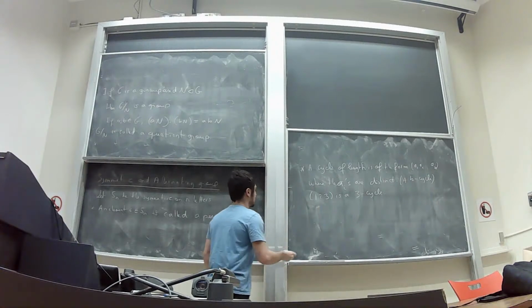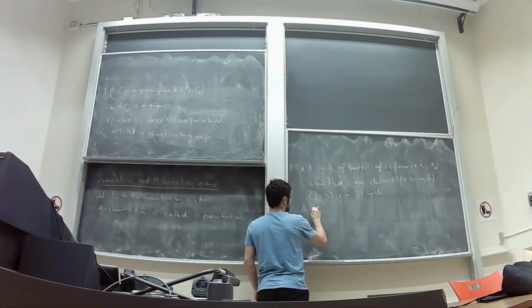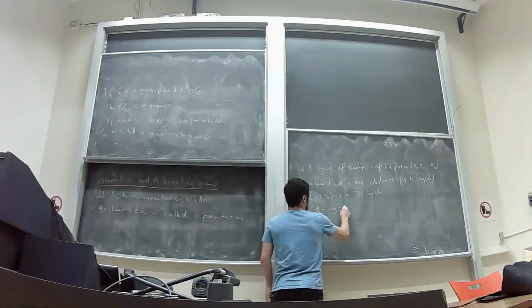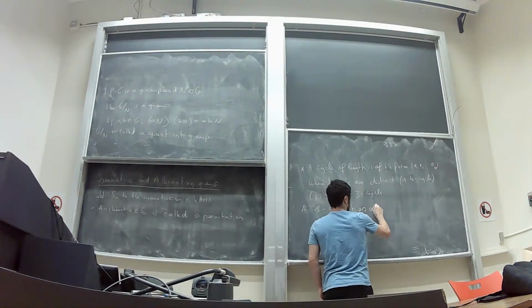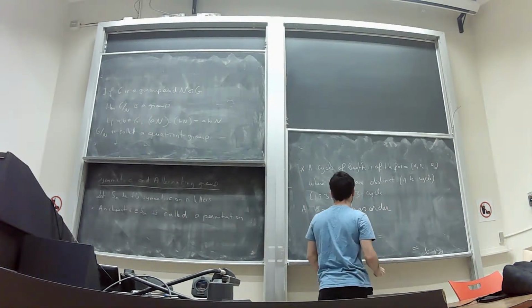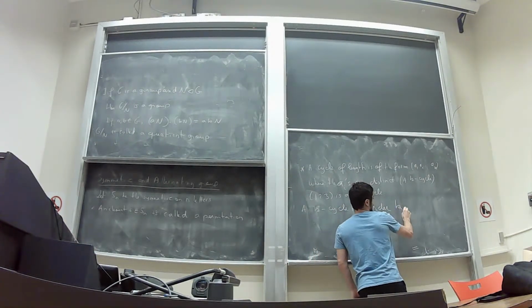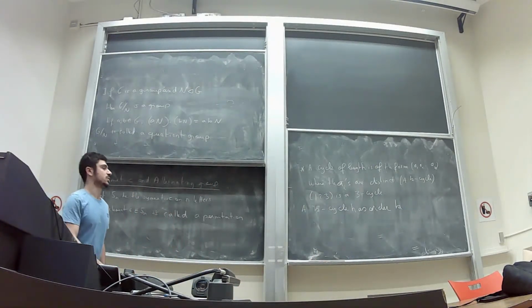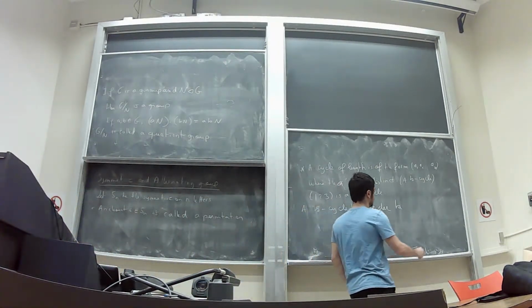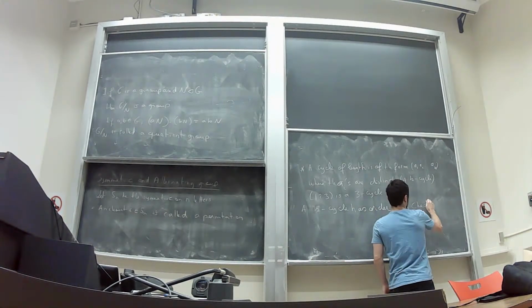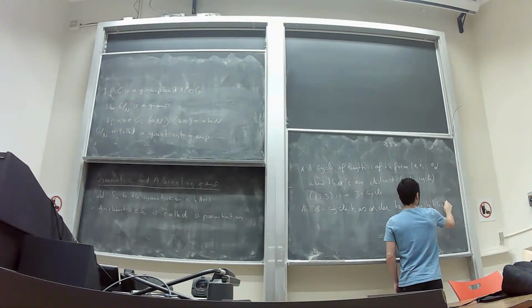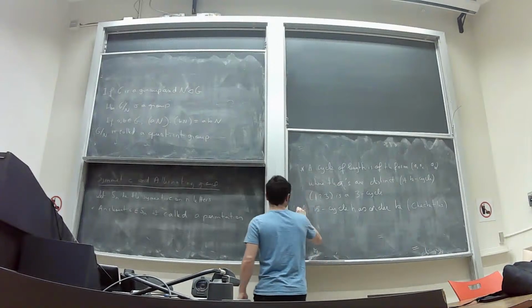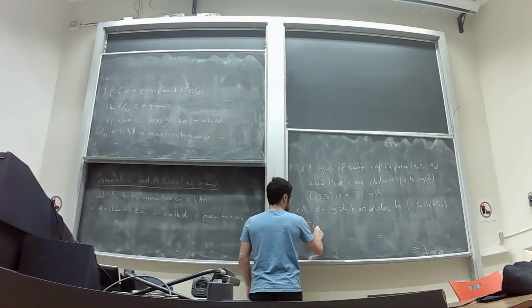Now a k-cycle has order k. I'll let you check that. A k-cycle has order k. Check this, not that bad. The inverse of a k-cycle is a k-cycle.